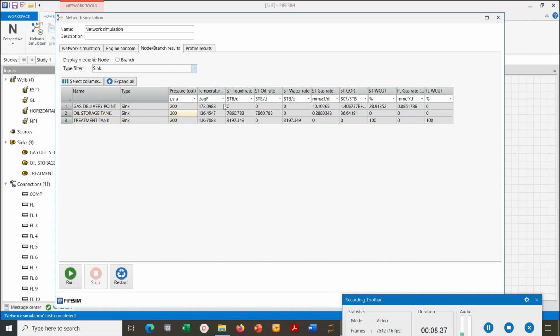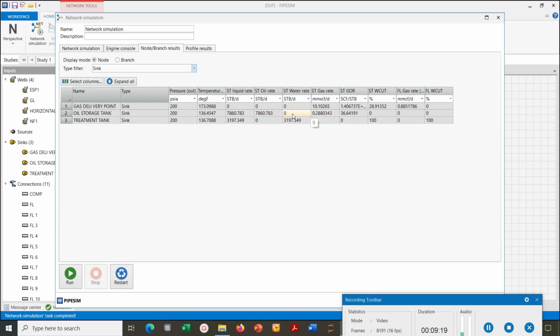Then for oil, we have about 7,860 stock-tank barrels of liquid, and then oil is the same value, 7,860.783 stock-tank barrels of oil per day, and then water is 0.